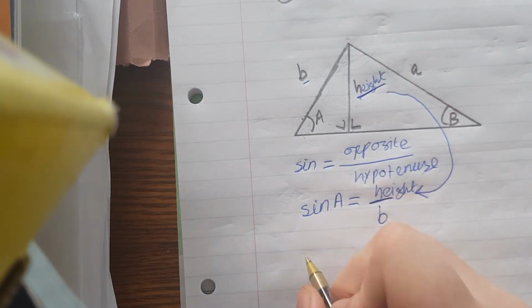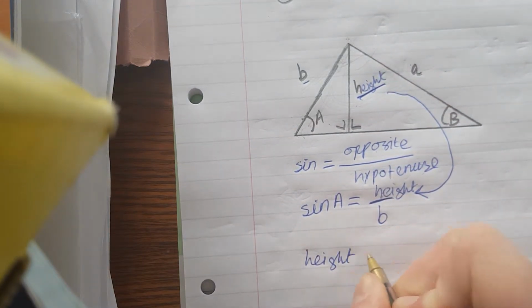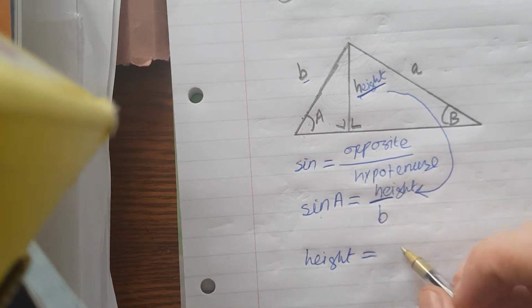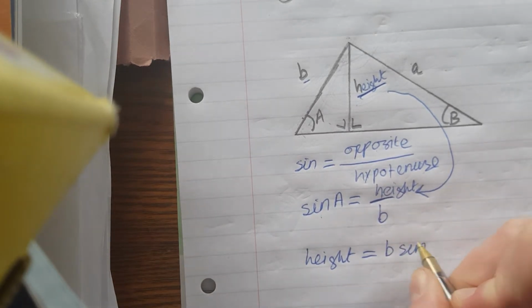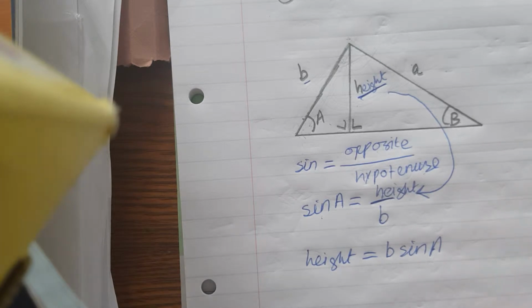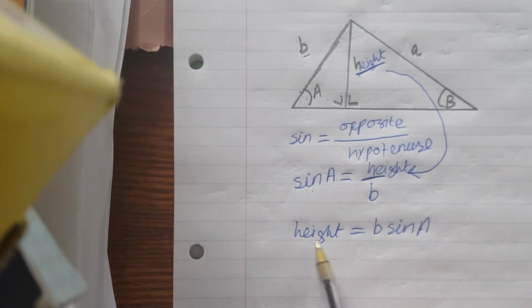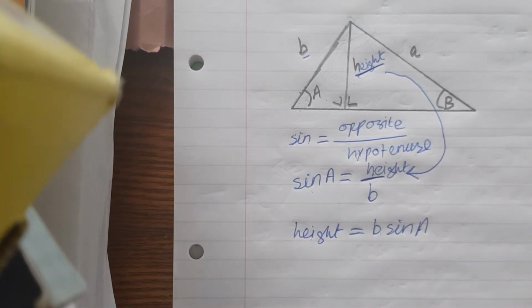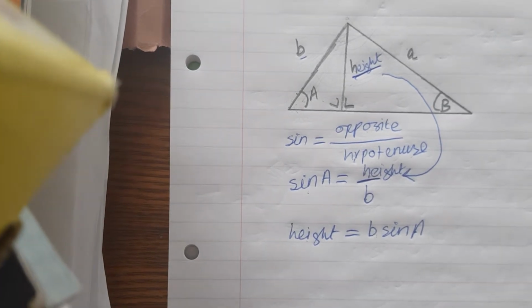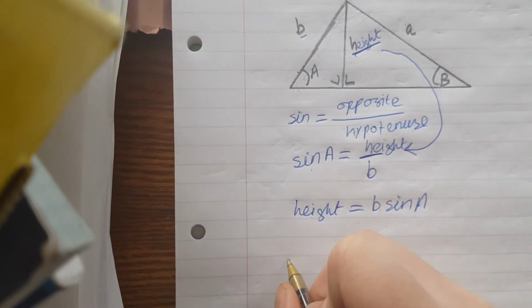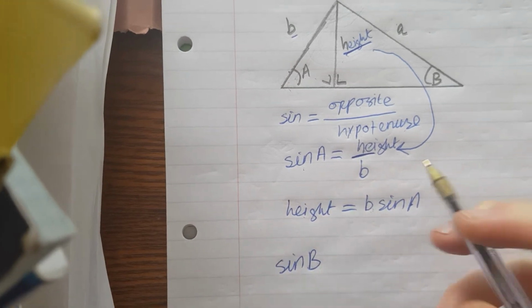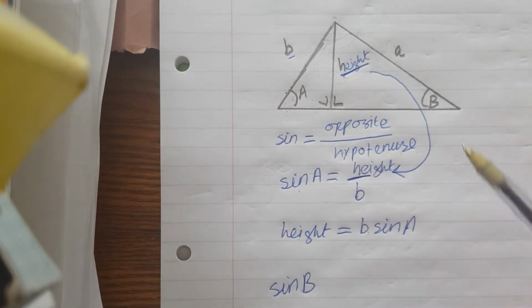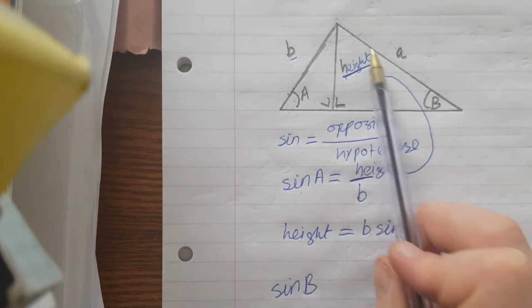So I'm going to get this in terms of the height. Height is equal to, multiplying both sides by b, b sin A. Now I have the height in terms of the other variables. Then I'm going to get sin B. We know sin is opposite over hypotenuse, but we have to treat it as a right angle triangle.